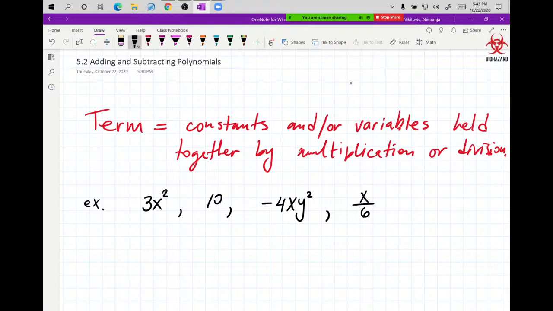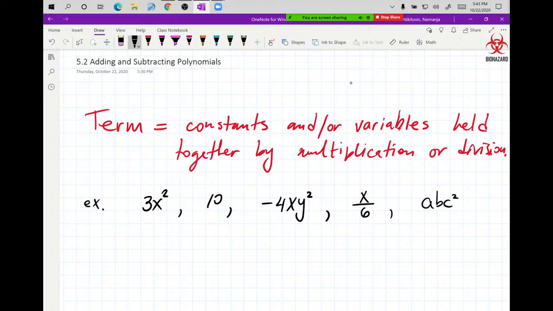All of these are examples of terms. You can literally put whatever you want, let's say ABC squared, as long as all of its components are only held together by multiplication and division.